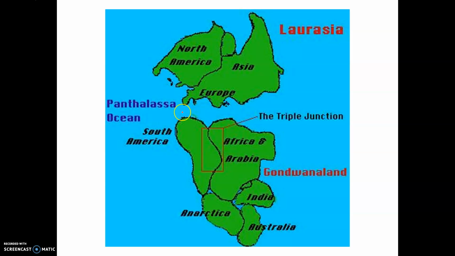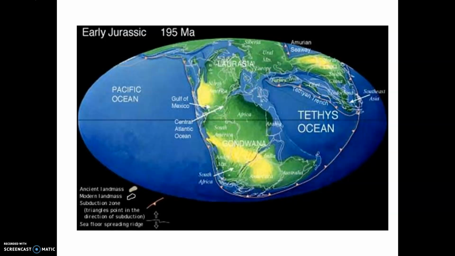Again, seeing the break in Pangea into our two larger continents, you can see how our continents are connected and kind of put into puzzle pieces, where they look like what we would expect them to look like today. We can see Laurasia is up here, Gondwanaland is down here. And we see the Gulf of Mexico, which is a very familiar term nowadays, not in a place that we would expect.